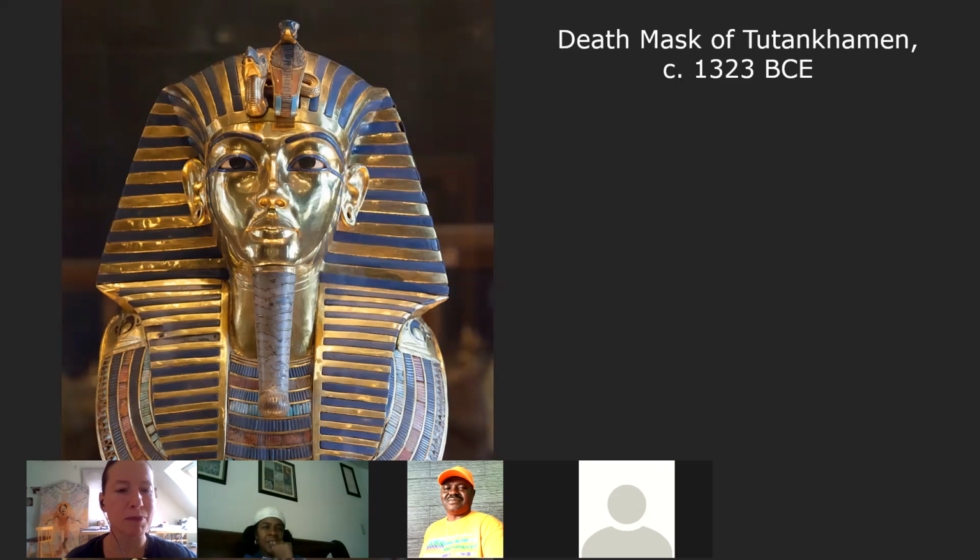Folks were thinking that perhaps this was actually a portrait of Nefertiti, his mother. But in the end, it is in fact thought to be Tutankhamun's death mask. But look at first of all, the gemstones and everything that is used in the mask is really the finest quality material that you have.